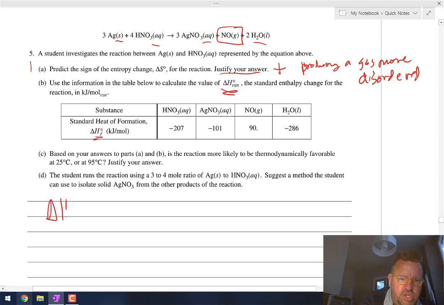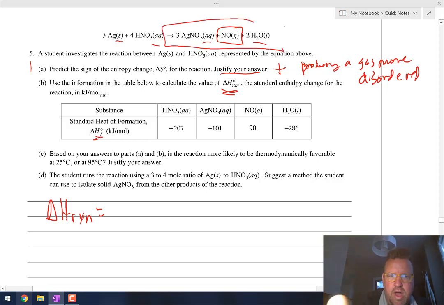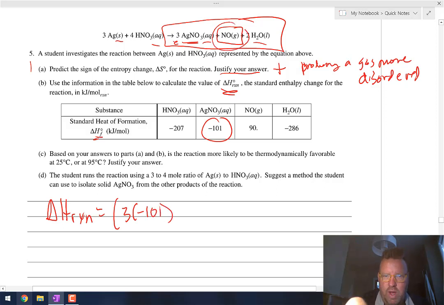So the enthalpy change for the reaction is going to be the enthalpy of formation of our products here. So we've got silver nitrate, and we've got 3 of them. So we're going to take 3 times negative 101. And then we've got 1 nitrogen monoxide. So we're going to add up all the products. So there's only 1 of them, so that's 90.